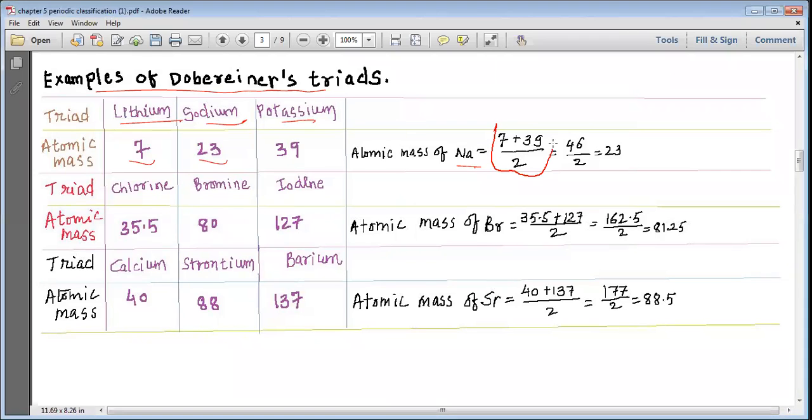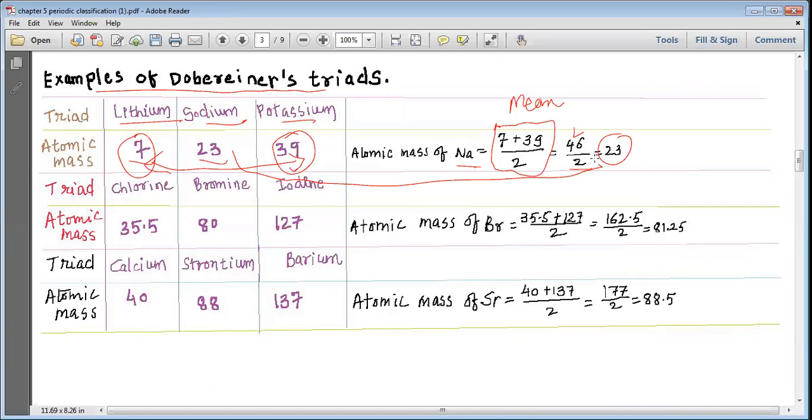This is how we take an average, or the mean, of the mass of these two. We add both and then divide by 2. By adding we get 46 divided by 2, which gives 23.